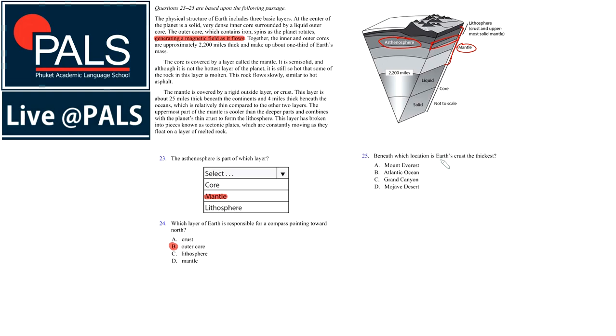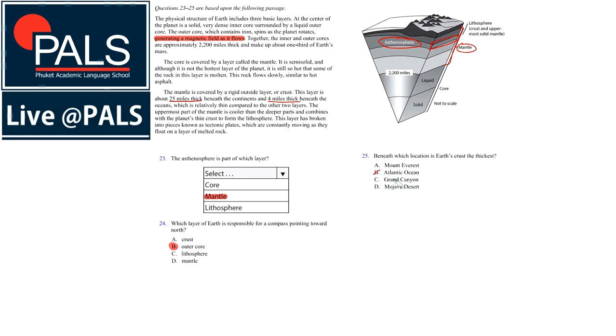Beneath which location is Earth's crust the thickest? So we can see the different locations here. The dark gray part is the crust, and we can see different examples here of where it could be the thickest. Atlantic Ocean, definitely not, because we have read that the layer is about 25 miles thick beneath the continents and 4 miles thick beneath the oceans.